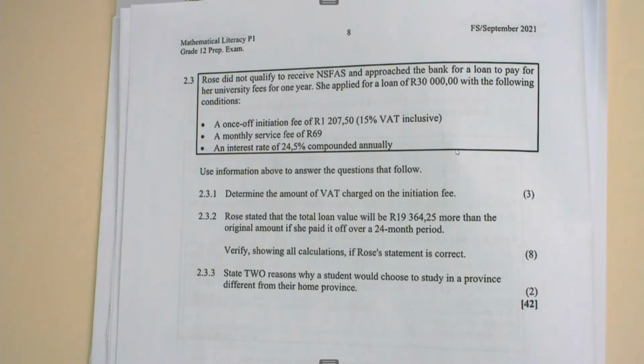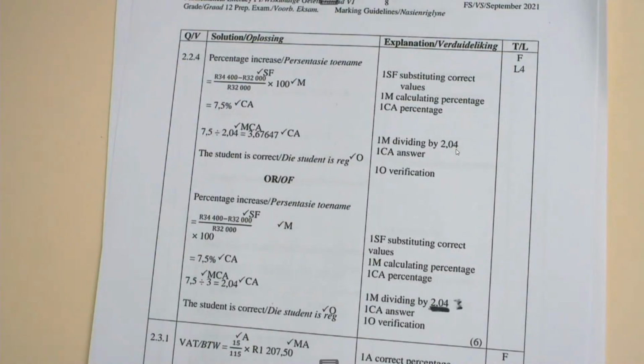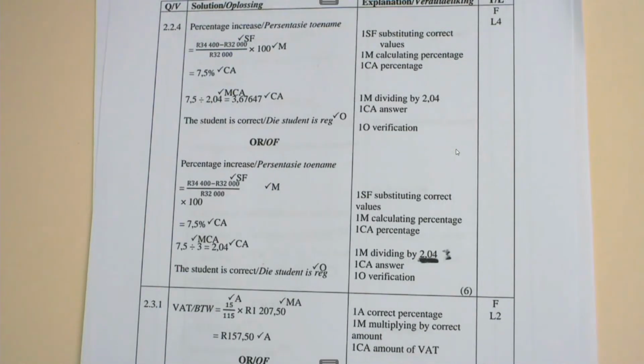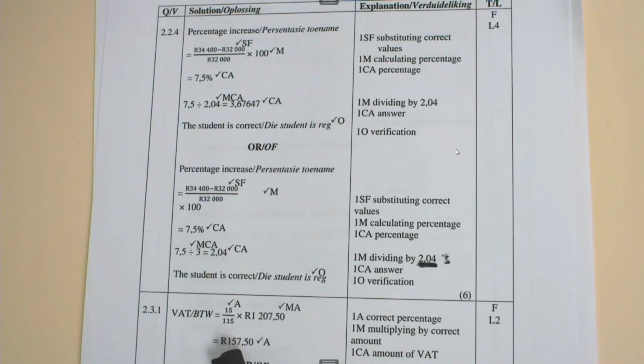Question 2.3.1. Determine the amount of VAT charged on the initiation fee. The answer is 15 divided by 115 multiplied by 1,207.50, and you get 157.50. For the mark allocation: an accuracy mark for the percentage, dividing 15 by 115.